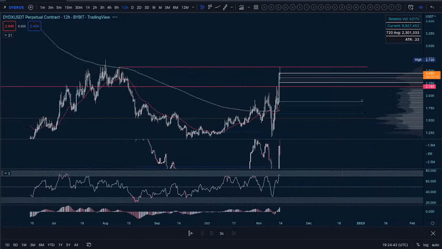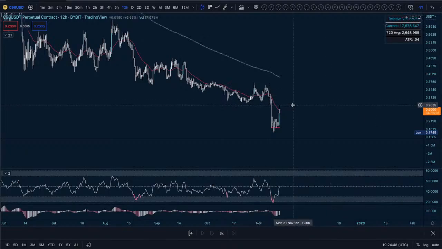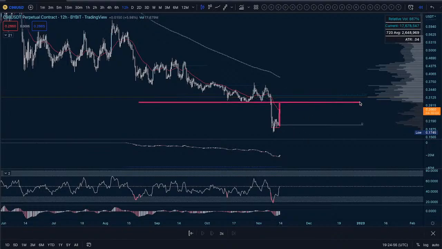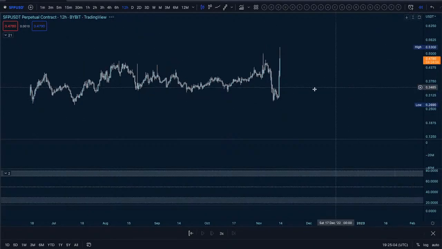I mean, there are a few coins that are doing good. These guys are also C98, not really, because I'm not counting these pumps, because it's still under big resistance, so this has no value for me. But for example, this SFP guy is kind of doing all right.